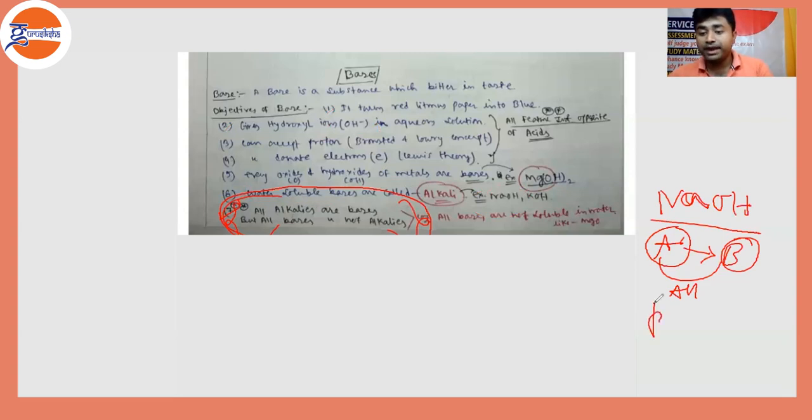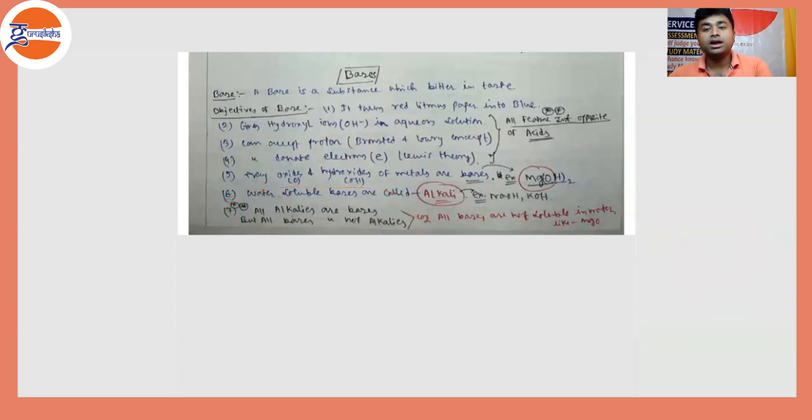But all bases, we cannot say are alkalis, because all bases are not soluble in water. Only some specific bases like NaOH and KOH are water soluble, but all bases are not water soluble.